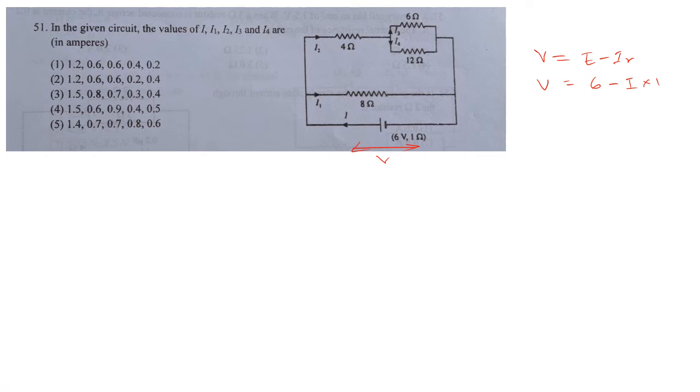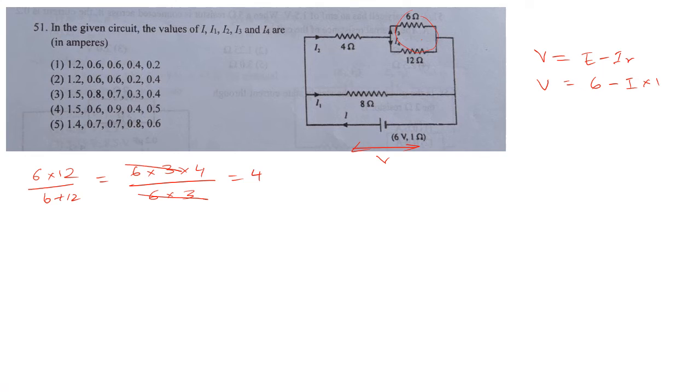So let's find the equivalent of these two. It is 6 into 12 divided by 6 plus 12. So 6 into 12, I can write 3 into 4, divided by 18, and 18 is 6 into 3. So these cancel and we get 4.